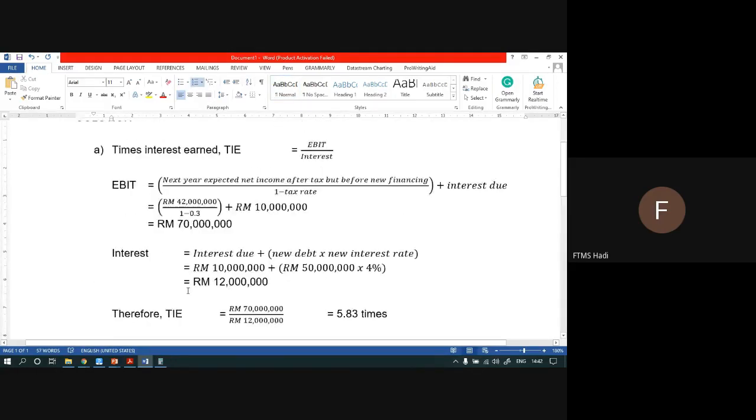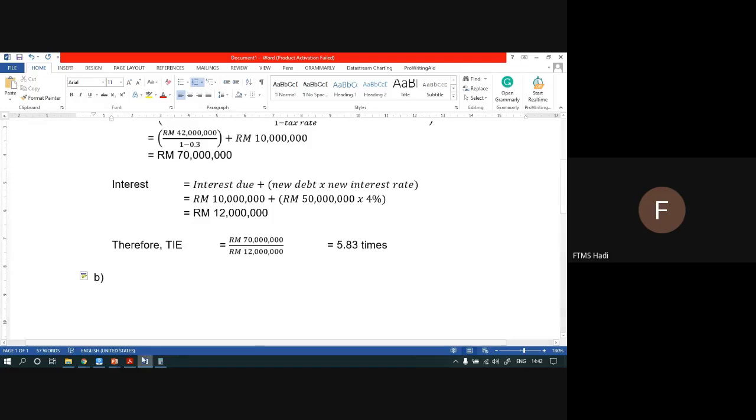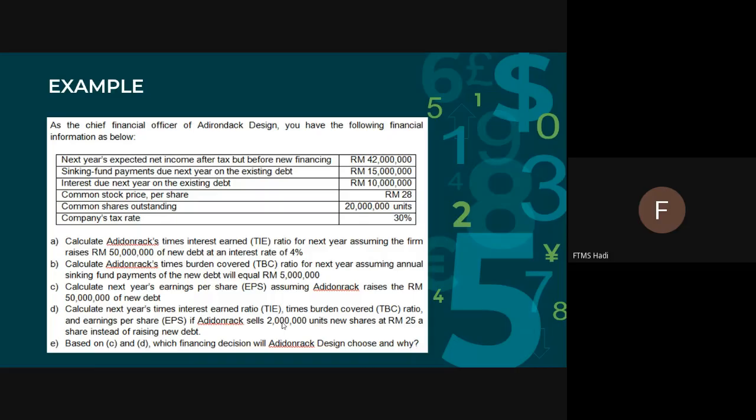Next. This is usually a longer version of the question. Question B. Calculate Adidon Rex's TBC ratio for next year, assuming annual sinking fund payments of the new debt will equal 5 million ringgit. What does that mean?